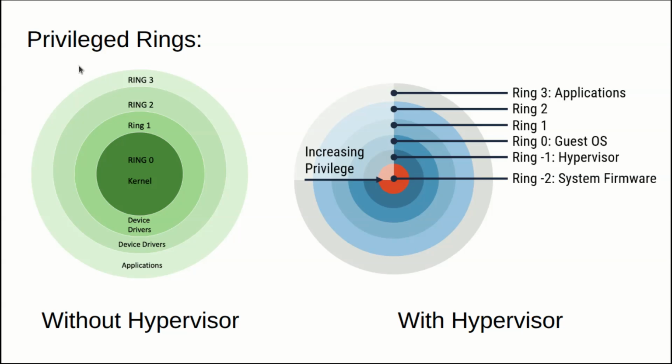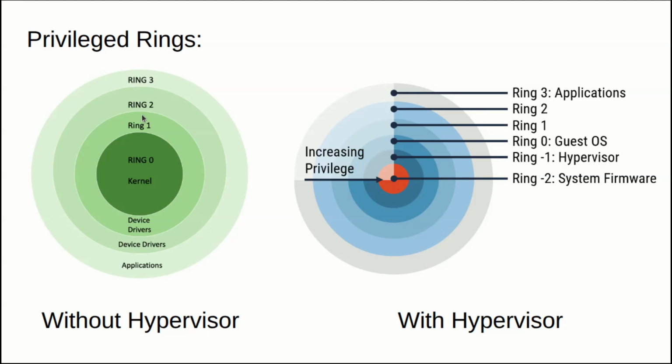There is a concept called privileged rings. A privilege ring is basically like a root user versus a normal user kind of privilege, explaining in simple terms. The higher the value of the ring, the less privileged it is.